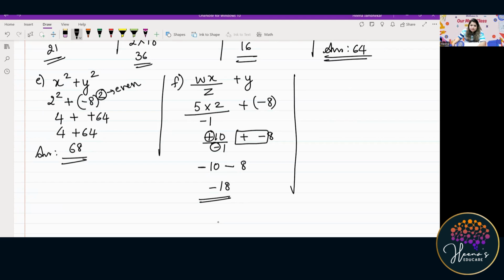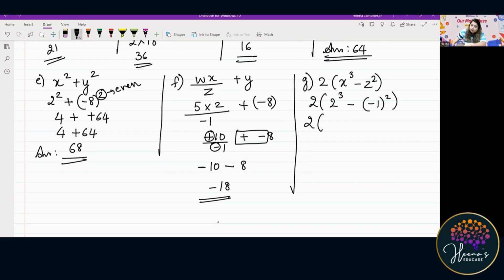Let's move on to the next one. It's 2 bracket x cube minus z cube. Sorry, z square. So 2 bracket, your x cube is your 2 cube minus 1 square. Okay.